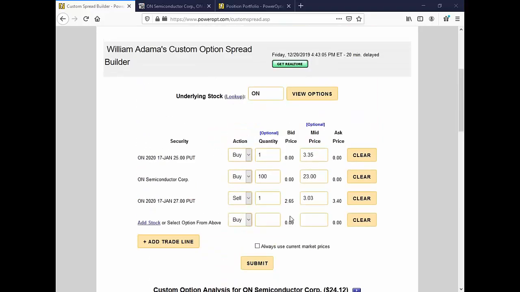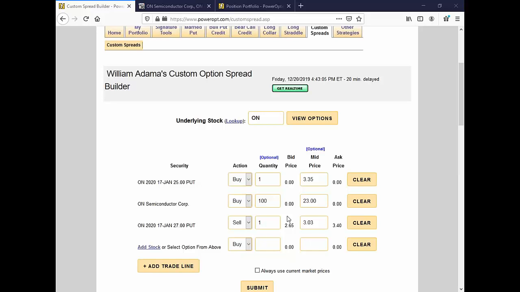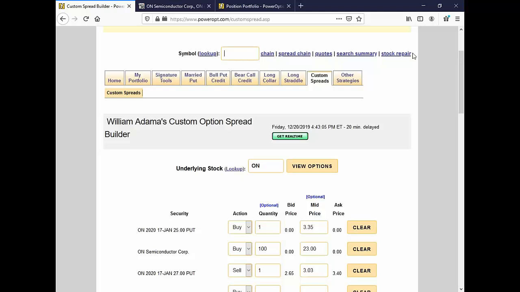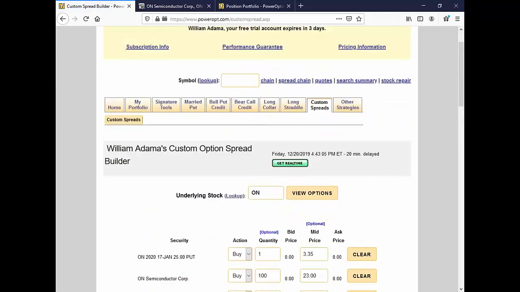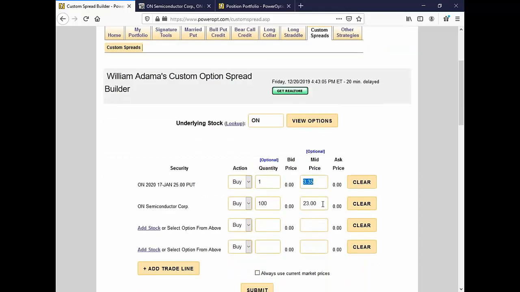So, Jerry, in relation to what you were saying, powerful tool, stock repair tool. But if you're going to use the stock repair tool to analyze a fix on a married put, remember, number 1, use the cost basis of the stock plus the put to see if a repair exists, not just the stock.